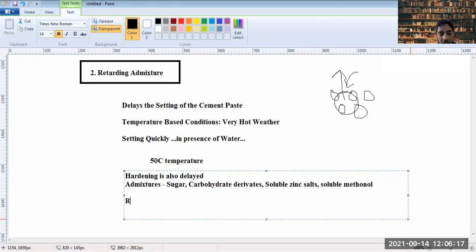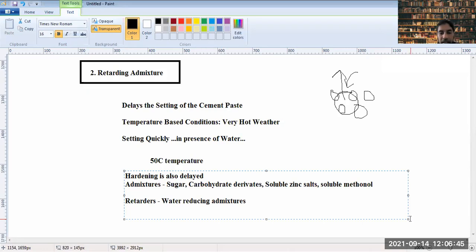Now, what do the retarders do? What is the process of their action? They are also known as water reducing admixtures. They reduce the amount of water that is required for the setting of cement.